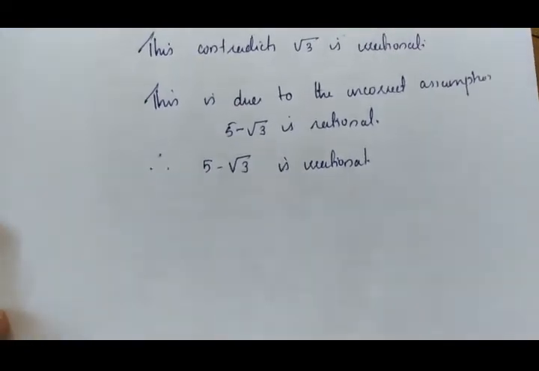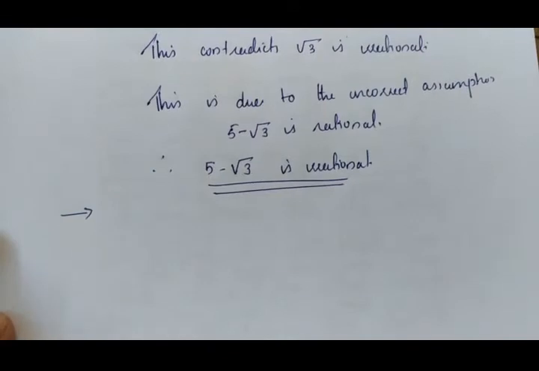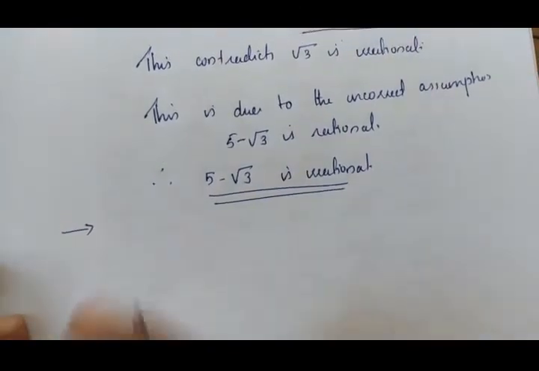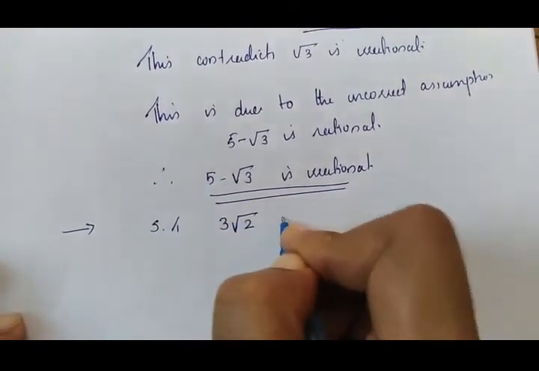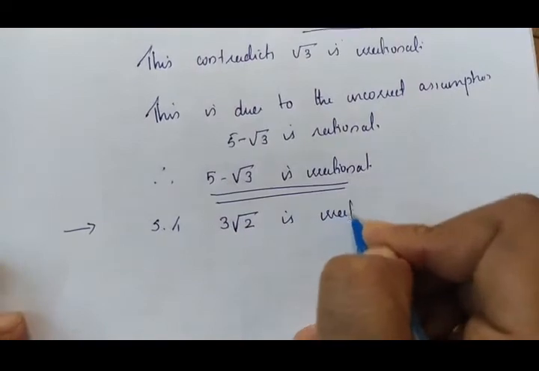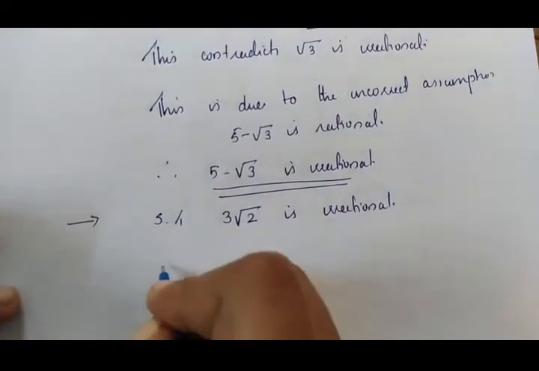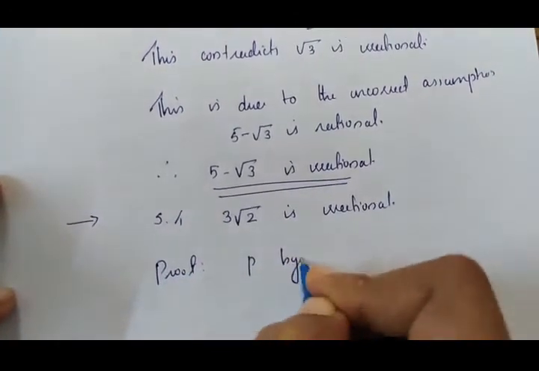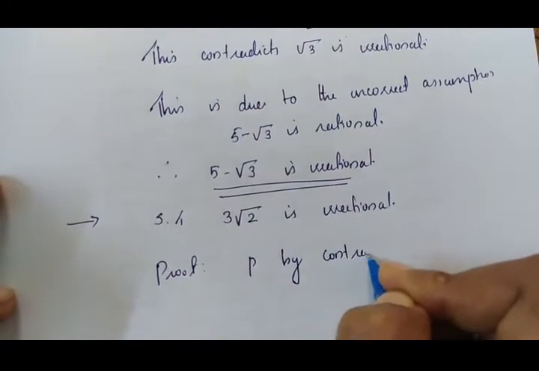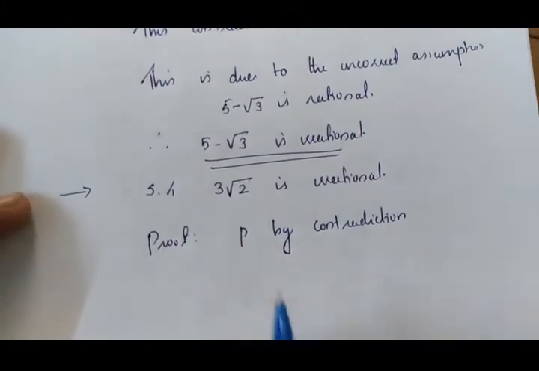Let's go to the next question. Show that 3 root 2 is irrational. And also we are using the method of proof by contradiction.